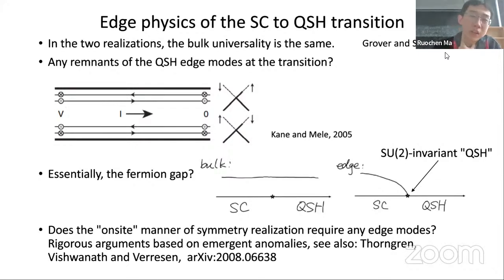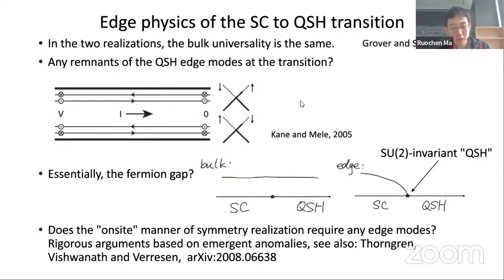But the question is, what about the edge? Since, as I just described, the quantum spin Hall insulator as an SPT phase has some gapless edge mode, it's natural to ask about the fate of this edge mode at the phase transition.